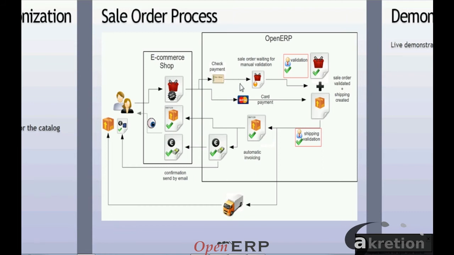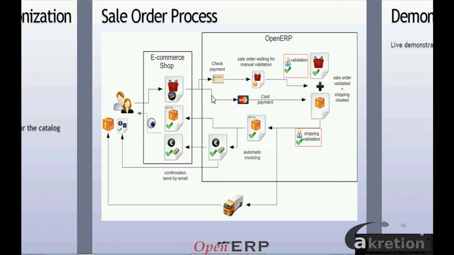So the idea is that for each payment method, we can have a different workflow. For example, if you have a check payment, so the customer didn't send you the money, we are going to import the sale order, but the sale order will not be validated. And you have to validate it manually. If the sale order has been paid with cards, then in Magento you have a sale order that is paid.